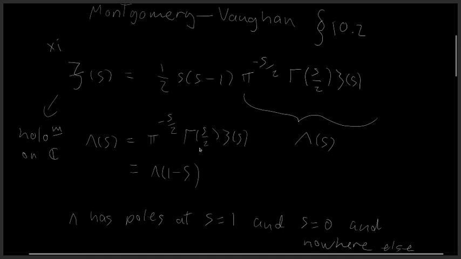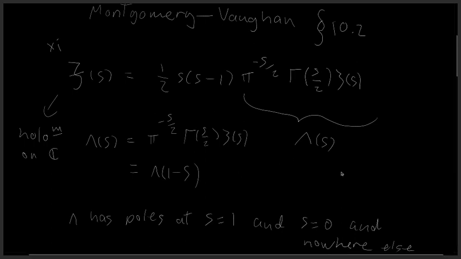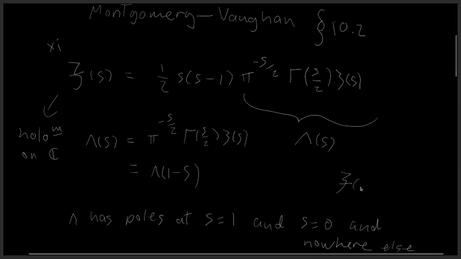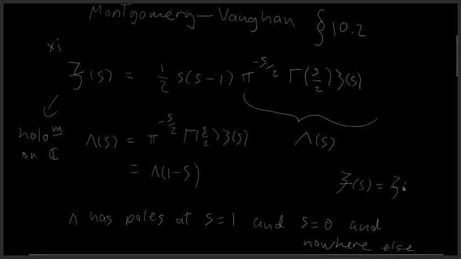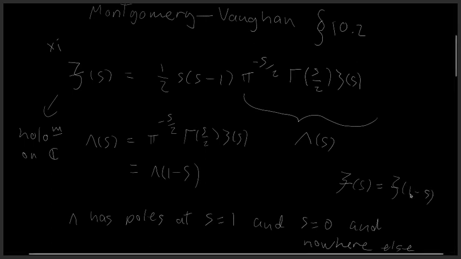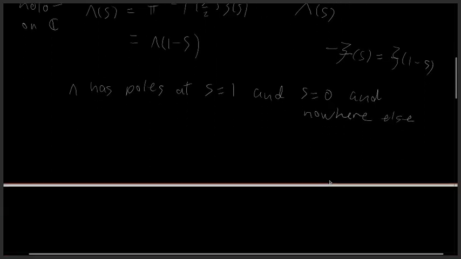So we can conclude that xi of s is equal to xi of 1 minus s. Or with a minus sign, right? Because when you replace s with 1 minus s, you have this minus sign. So this is just a function that people talk about, and in particular Montgomery-Vaughan talks about in section 10.2.